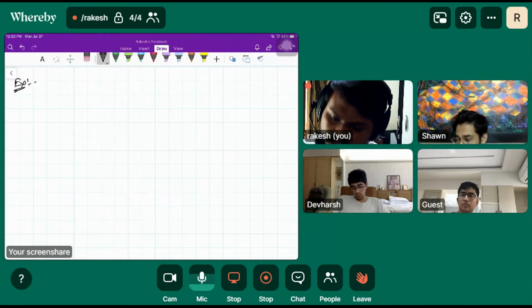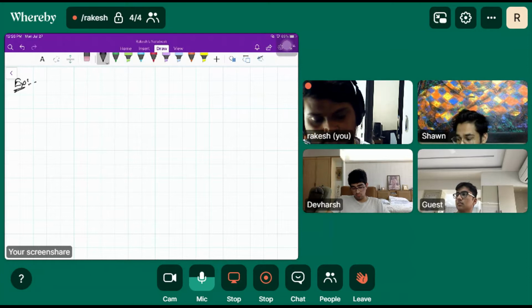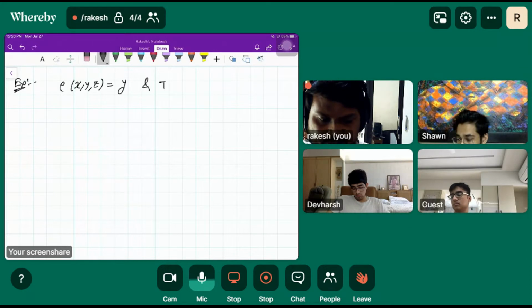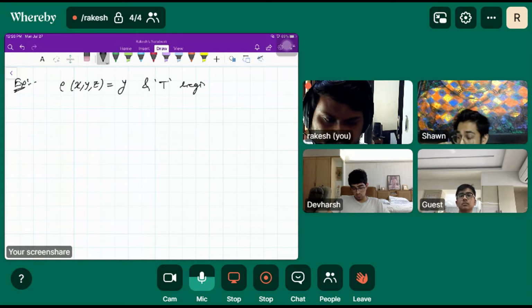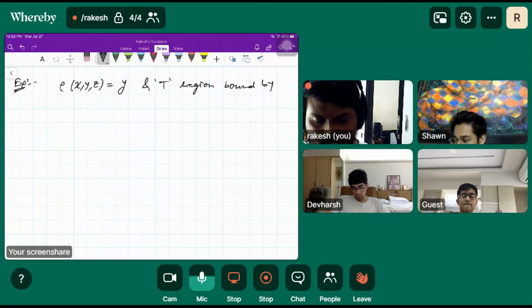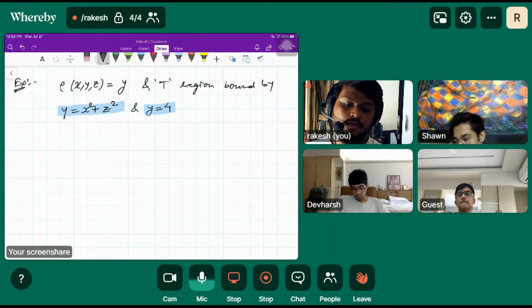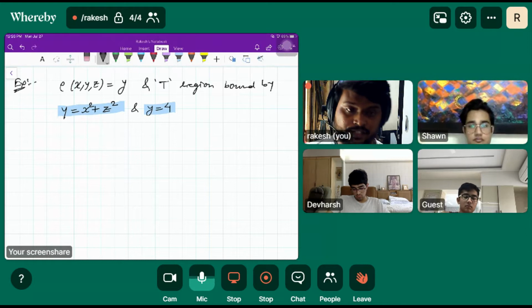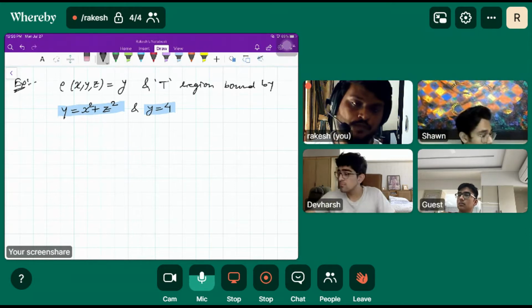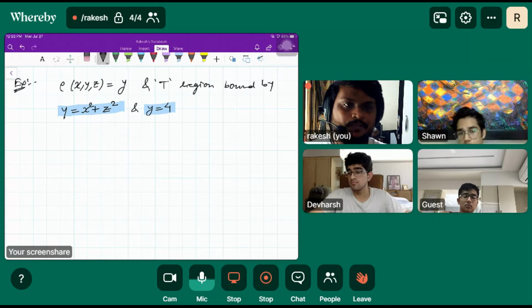Suppose the next question is: the mass density function is given by this, and the region T is bounded by y is equal to x square plus z square and y is equal to 4. Okay, so what do you think here? Should we go for z simple, y simple or x simple?